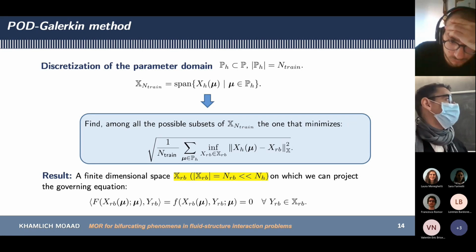And obviously, since you are starting with a nonlinear partial differential equation, you will end up with a nonlinear system. And that's why the Newton method will be needed at this stage in order to solve the problem for a new instance of the parameter value.